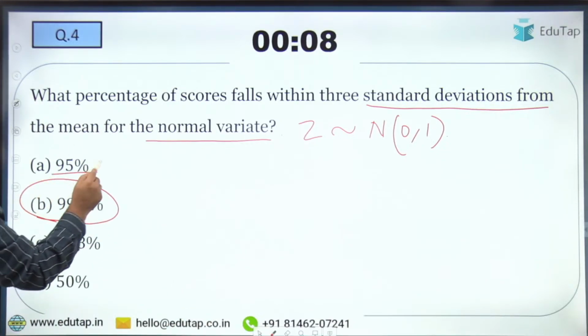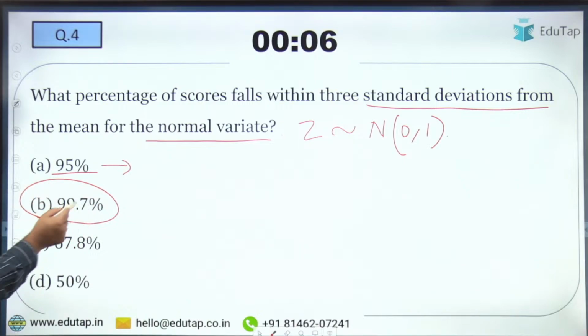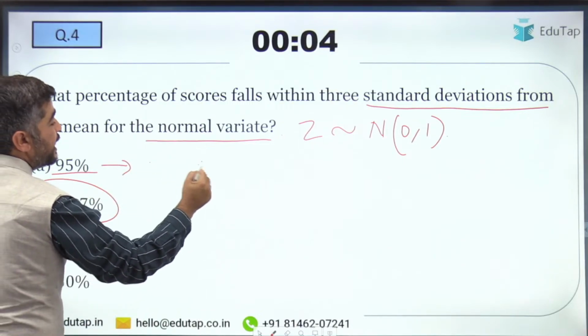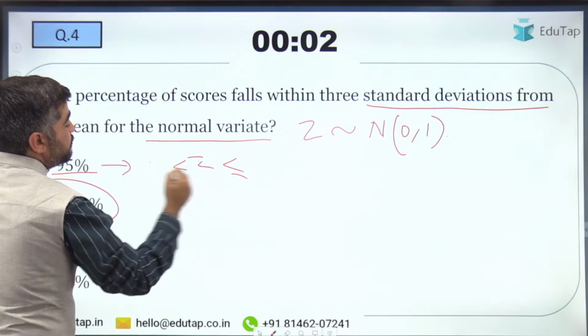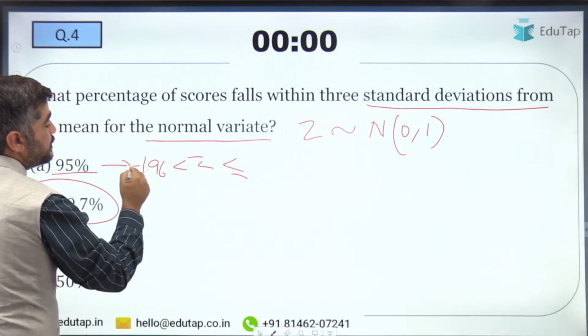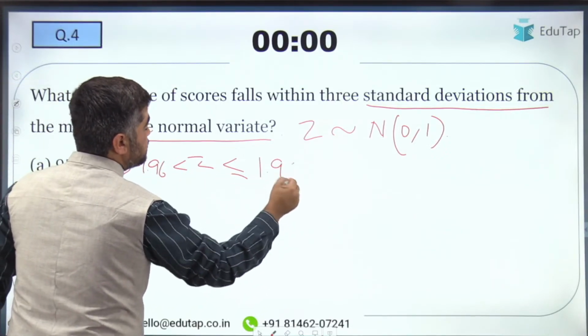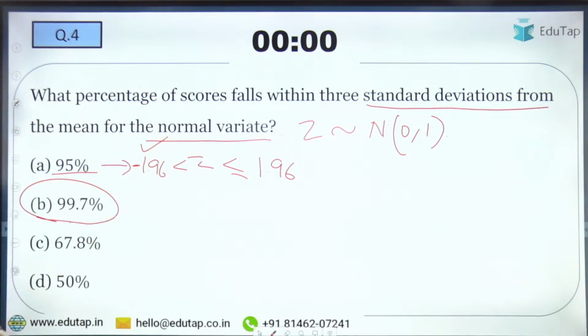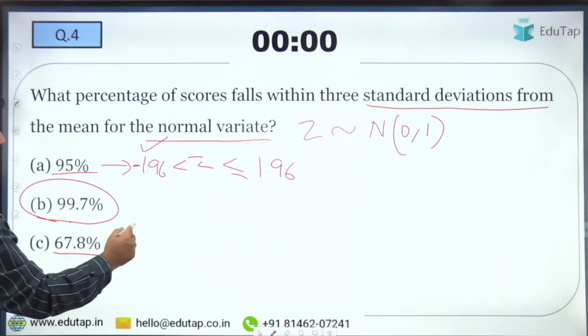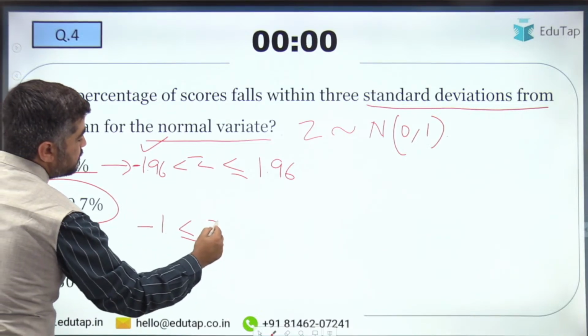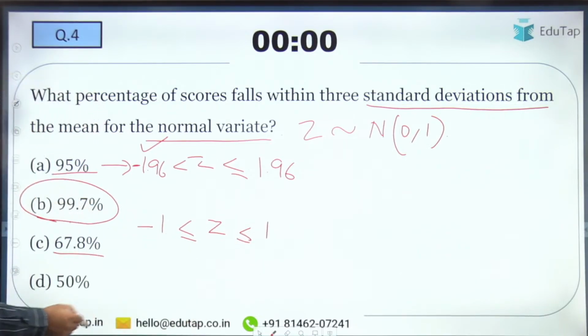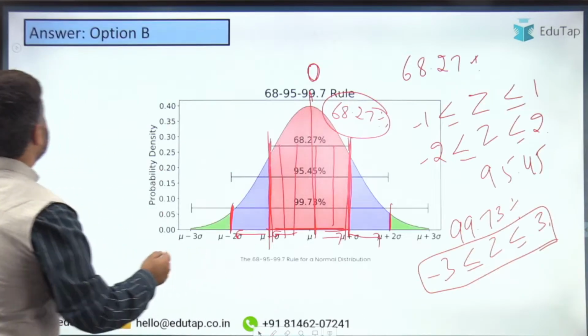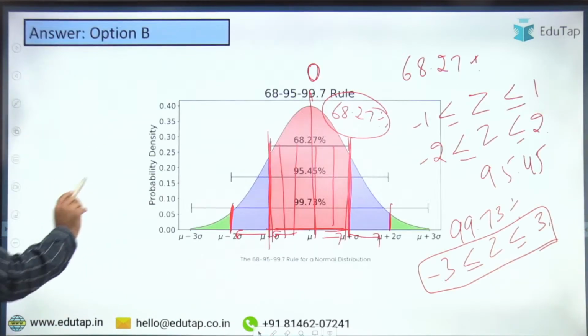For 95%, Z lies between -1.96 and 1.96. You have to learn this.